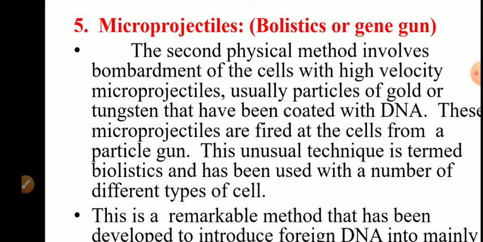It involves bombardment of cells with high velocity microprojectiles, usually particles of gold or tungsten coated with DNA. So what are microprojectiles? They are small gold or tungsten particles coated with the recombinant DNA.